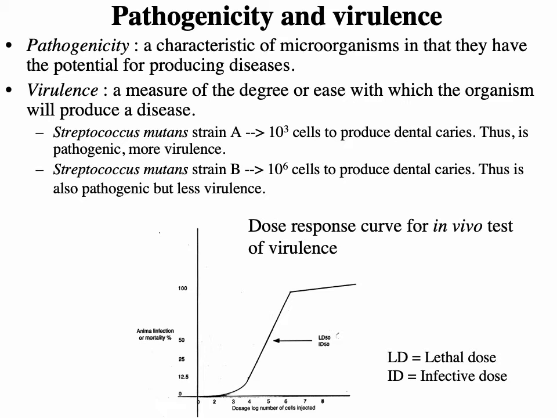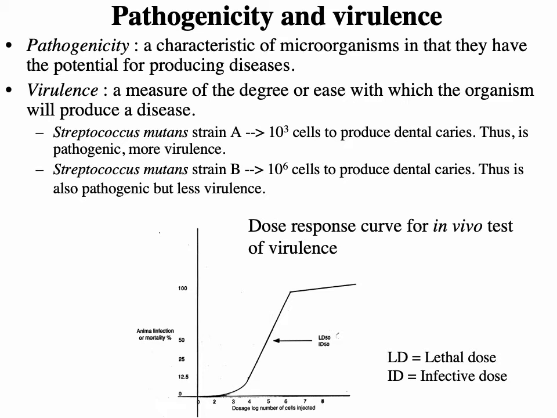So it's also pathogenic, but it's less virulent. Strain A is more virulent because it requires fewer bacterial cells to cause the same disease, in this particular case dental caries. So hopefully that will help you understand the two terms, pathogenicity and virulence.